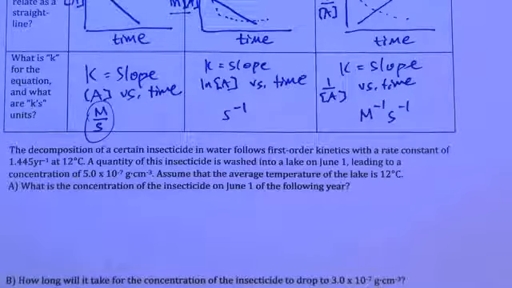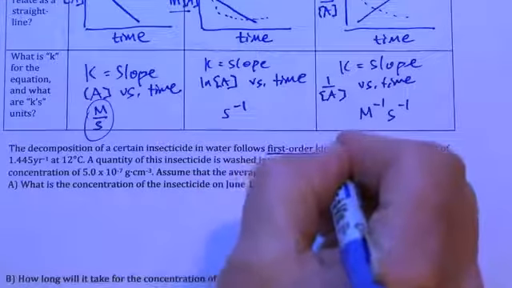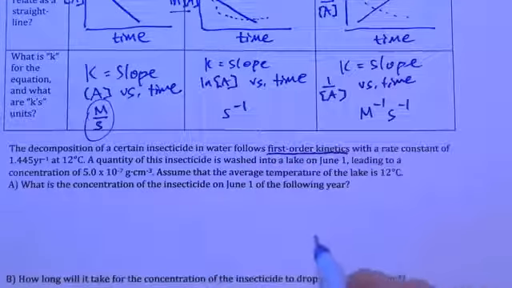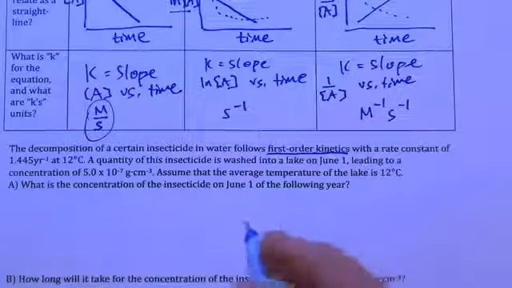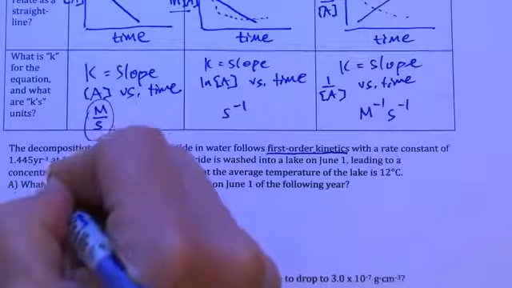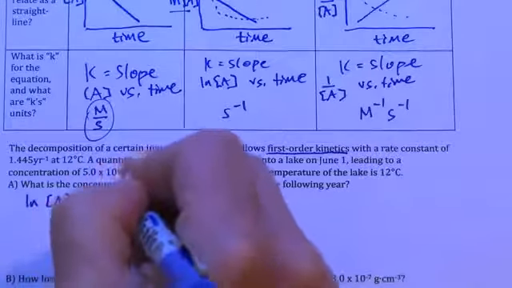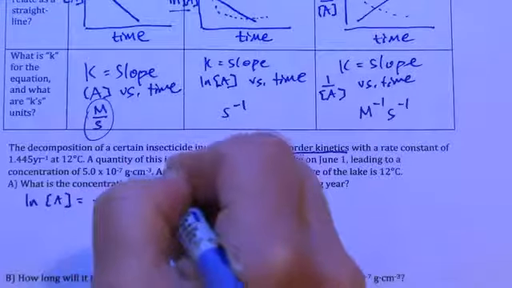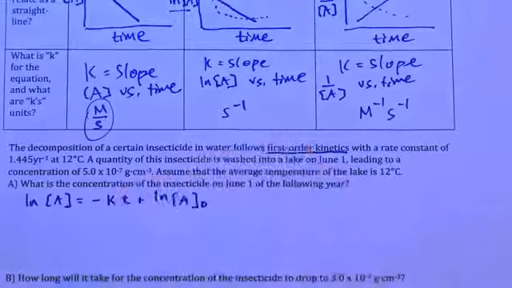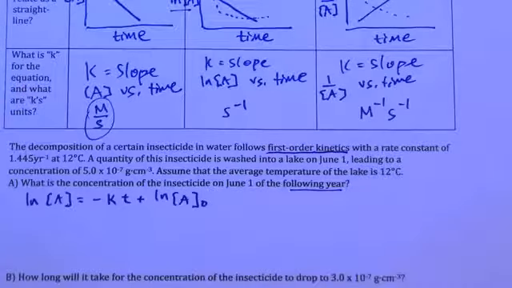So we know that it's a first order process, and for first order processes we know that natural log of the concentration is equal to -K times T plus the natural log of the concentration original. And it wants to know what is the concentration the following year.